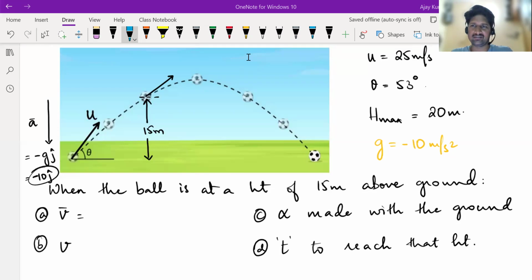You said root 325 j cap, plus 15 i cap. In the y direction, I don't think it'll have that much velocity. Root 325, no, that much is not possible. Check your calculation once. Yusuf, can you unmute? We'll discuss.